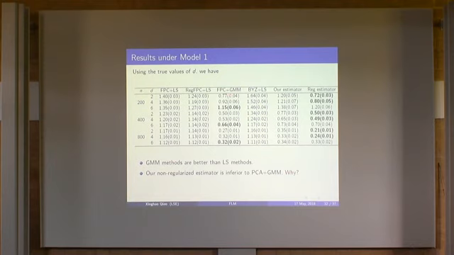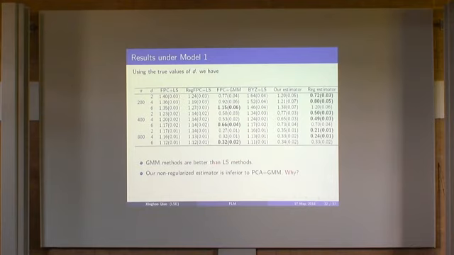But if you just compare least squares with GMM, FPC plus GMM is better than FPC plus least squares, and BYZ plus GMM is better than BYZ plus least squares. So GMM is always better than least squares, because we take advantage of the lag term to eliminate the measurement errors.